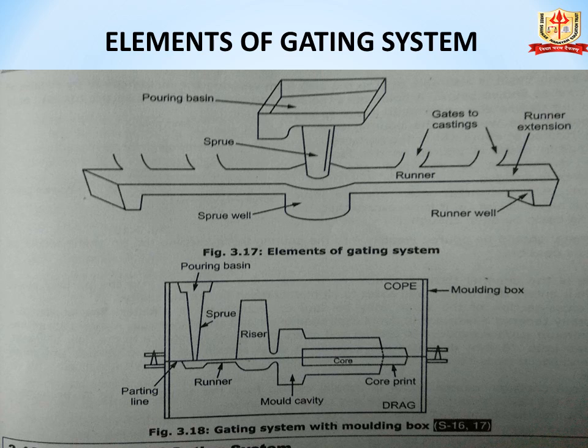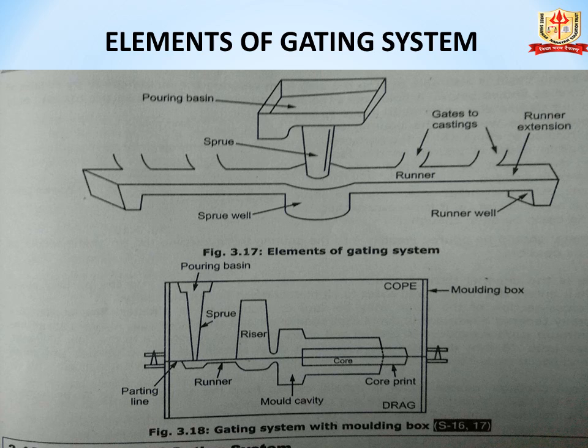First element is pouring basin. The molten metal is not directly poured into the mold cavity because it may cause mold erosion. Second point, the molten metal is poured into a pouring basin. A pouring basin is an enlarged portion at the top of the sprue.